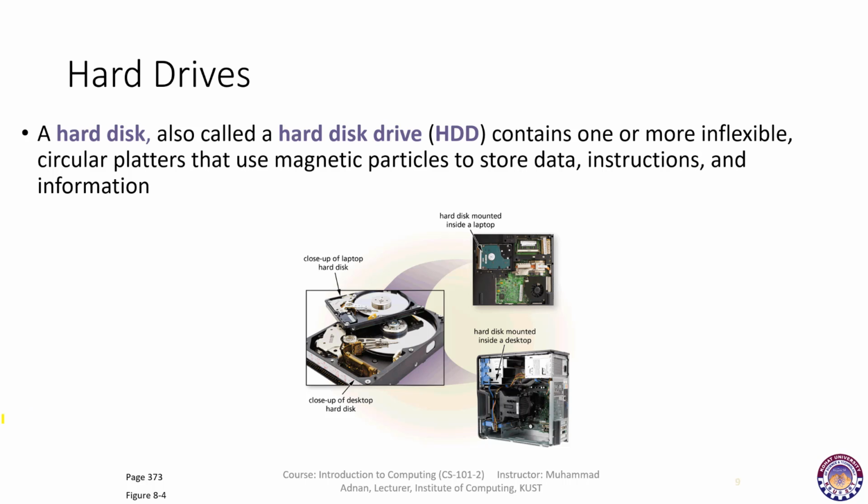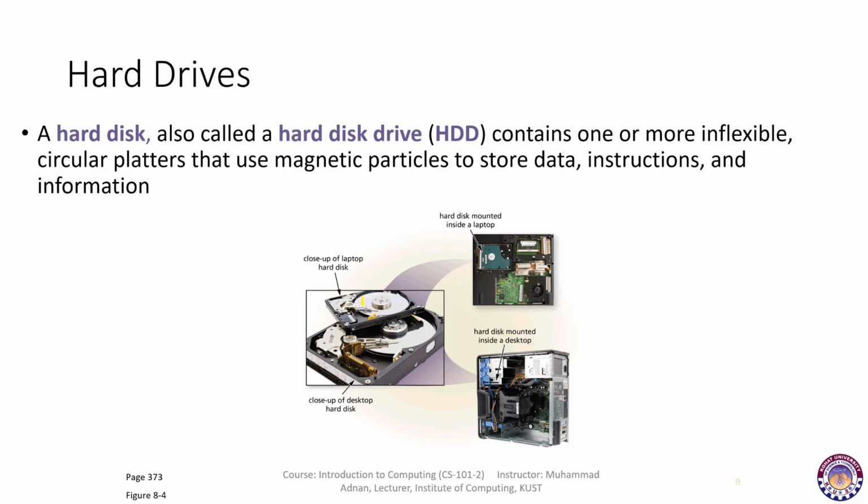A hard disk, also called hard disk drive or HDD, contains one or more inflexible circular platters that use magnetic particles to store data. You can see the hard disk mounted inside a laptop, a hard disk mounted inside a desktop, and the internal parts of a hard disk: a close-up of a desktop hard disk and a close-up of a laptop hard disk.